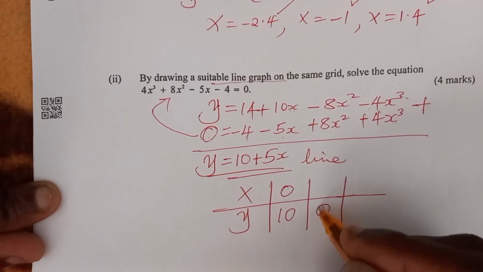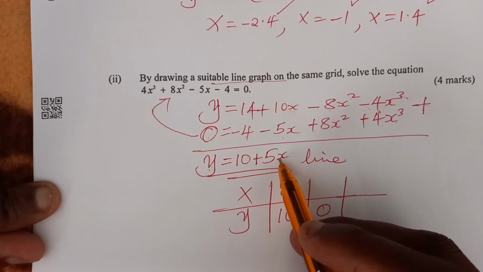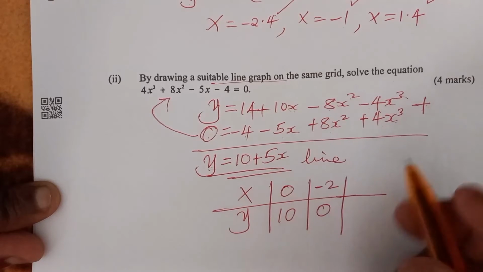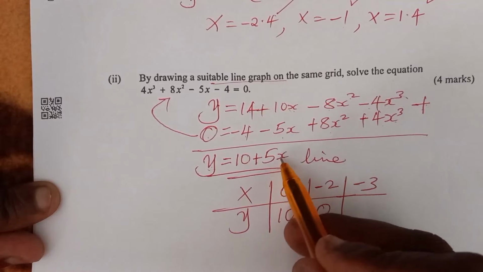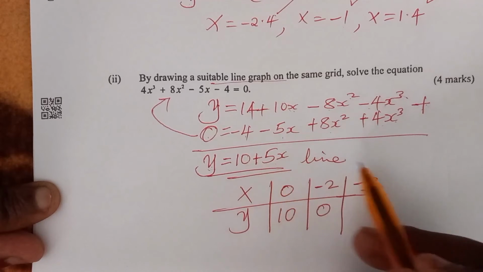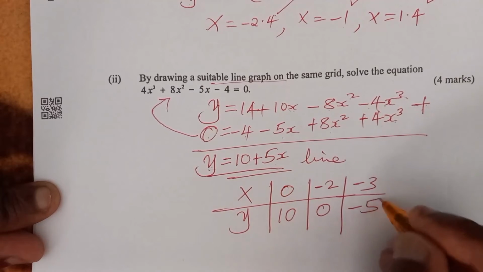Then when y is 0, what will be the value of x? It will be negative 2. Then look for another one. When x is negative 3, this will be 10 minus 15, to be negative 5.